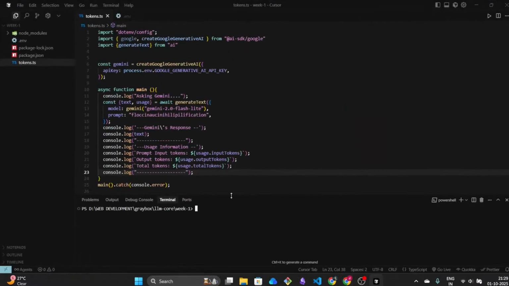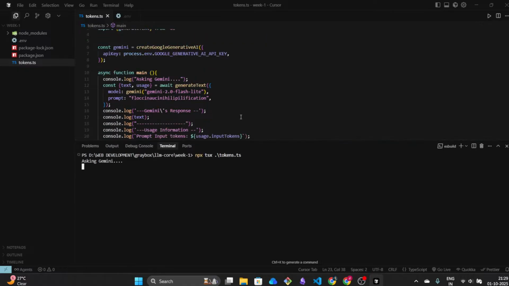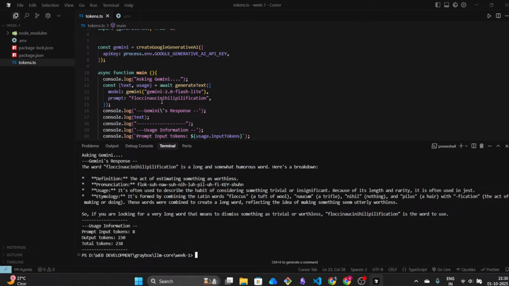Here it is. So this is a little code I wrote, and then npx. I will run this file. The prompt that I gave to Gemini was this random string of words: Hallucination. It's a long word, but a single word.